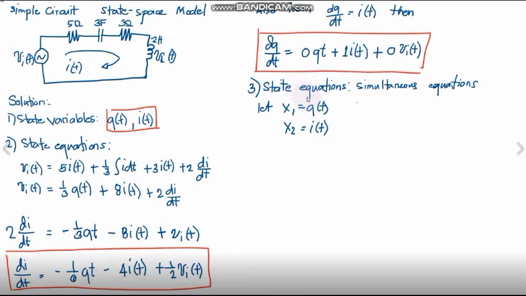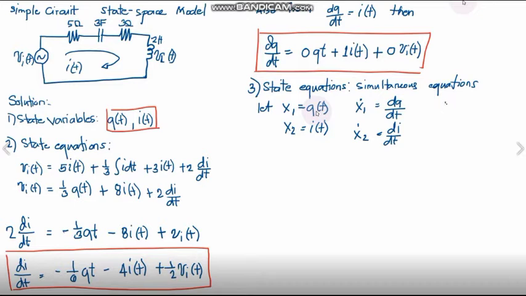So to put our equations in the standard form of the state space model, let's use some notations. Let x sub 1 equal q(t) and let x sub 2 equal i(t).